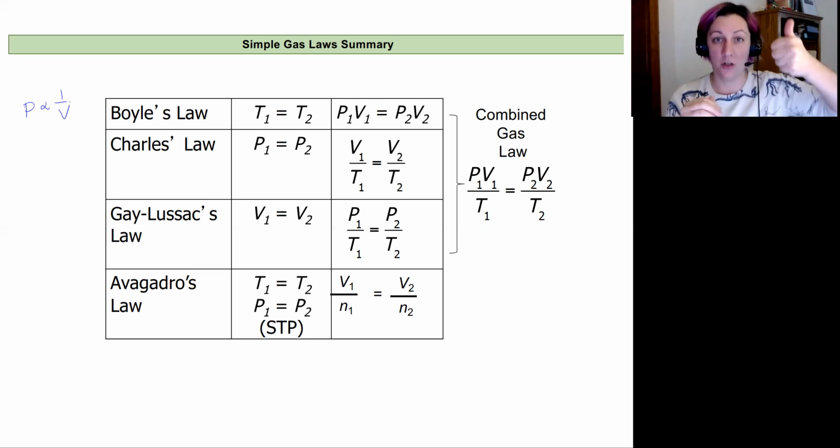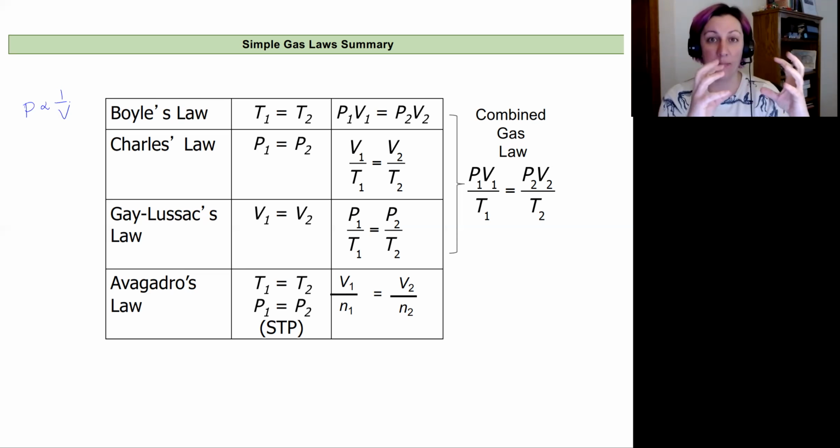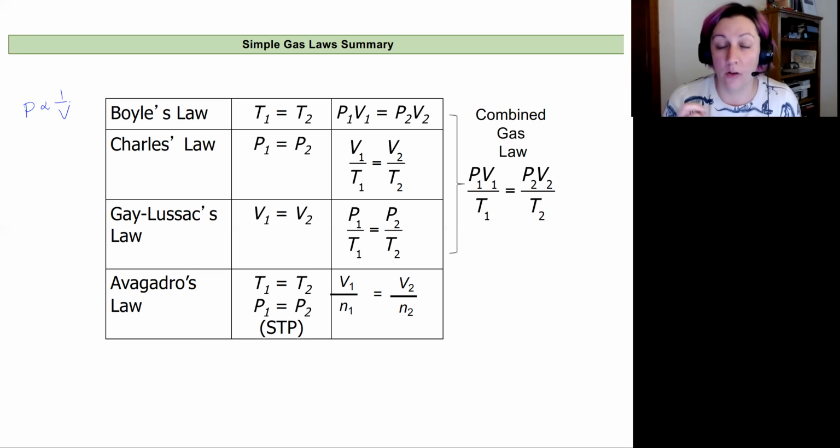So if pressure goes up, volume must go down for the product of those two values to be the same afterwards. Which is to say, we can convert this relationship we observed, that pressure and volume are inversely proportional to one another, and create a law that describes a system before and after a change to either pressure or volume, which we have right here.